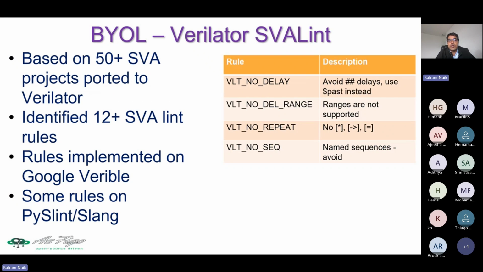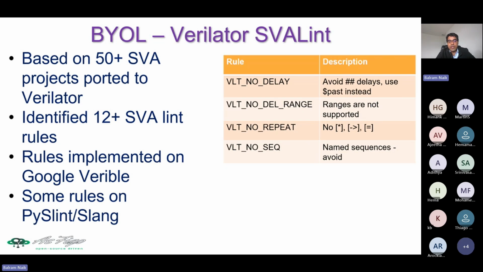And this is something: build your own linter with Verilator. So you have Verilator, you have your own design subsystem, and on top of this entire process we are plugging in this SVA linter. We have ported 50-plus SVA projects into Verilator, identified almost 12 SVA linter rules, and the rules are implemented on Google's Verible.